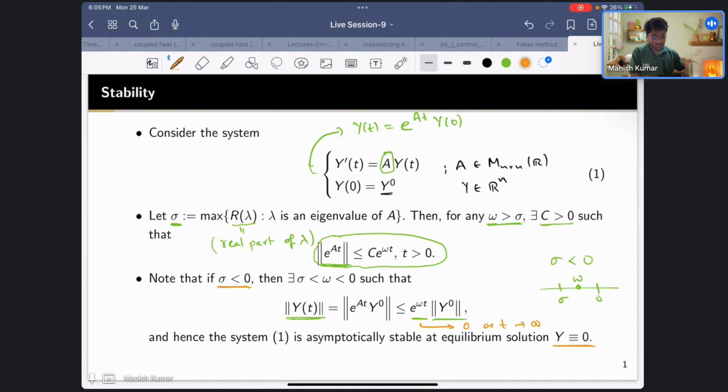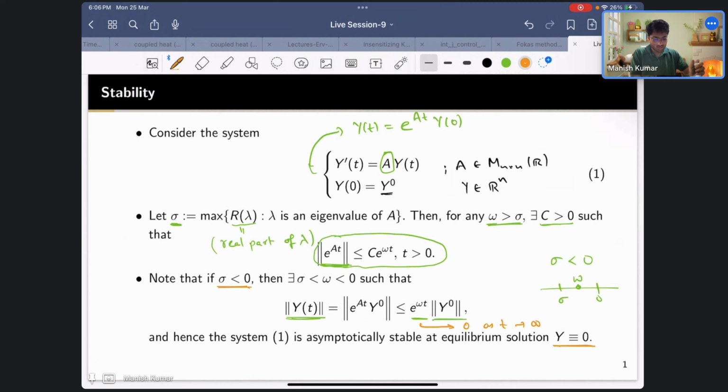This is the case when the maximum of the eigenvalues of A is less than 0, and we have such asymptotic behavior, where the solution goes to 0 for large time. This kind of stability is called asymptotic stability, that we have already seen.